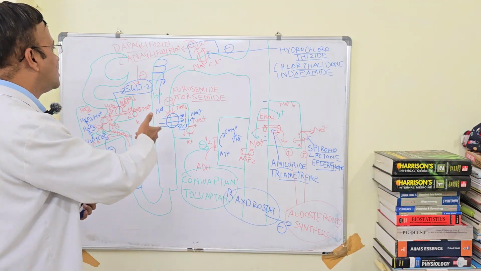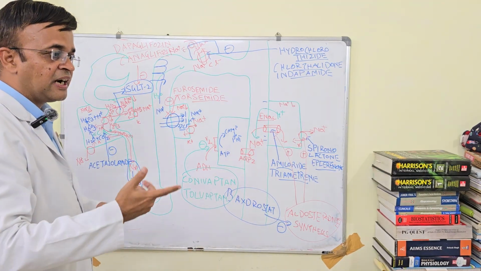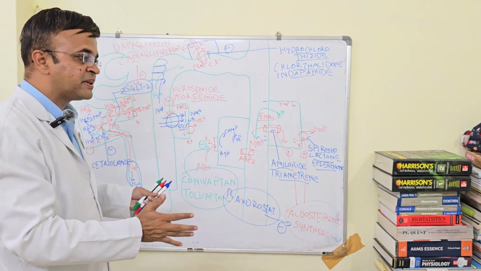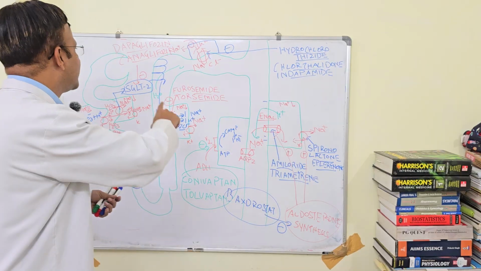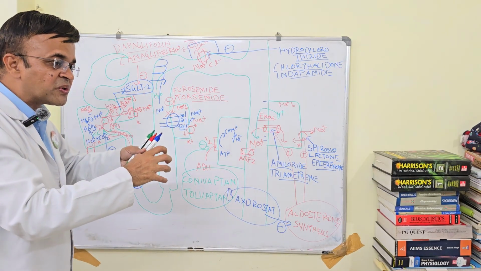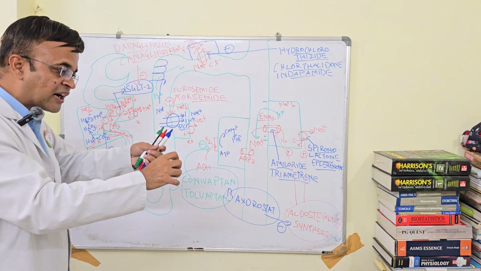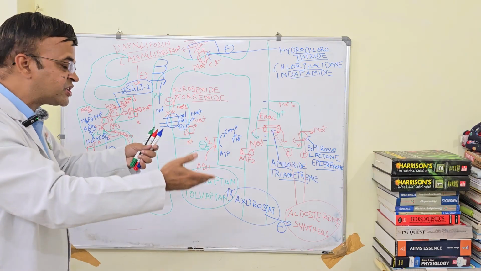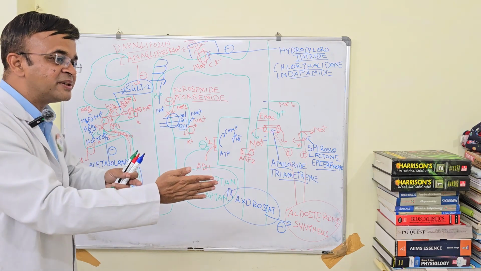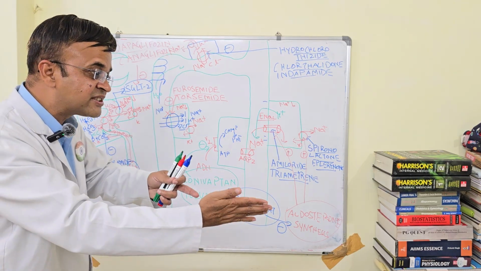So if we somehow block the action of adenosine, what is going to happen? The adenosine won't act. If adenosine won't act, your arterioles are going to relax. If the arterioles relax, you will have more GFR. The sodium hydrogen exchanger will get inhibited because adenosine was actually stimulating it.